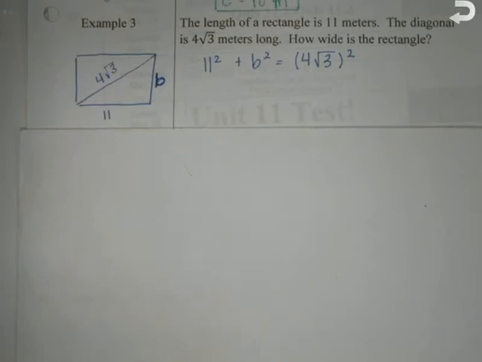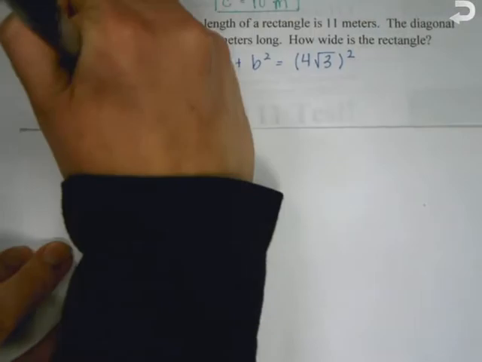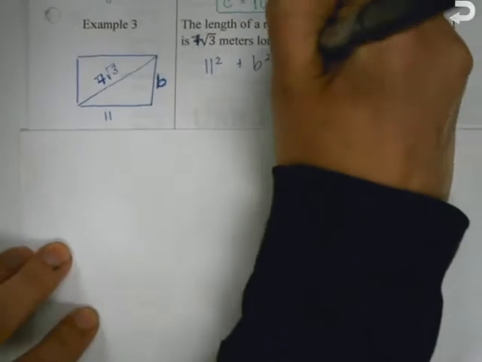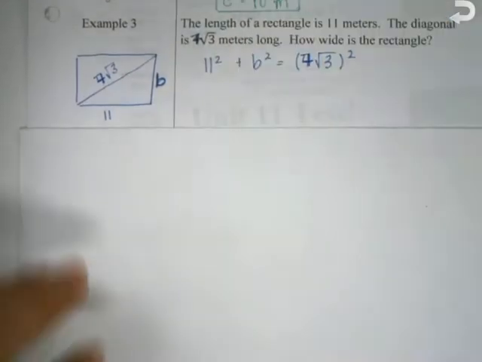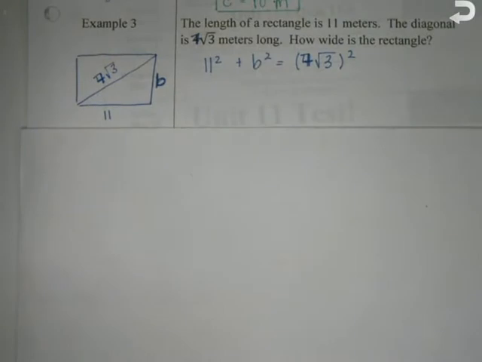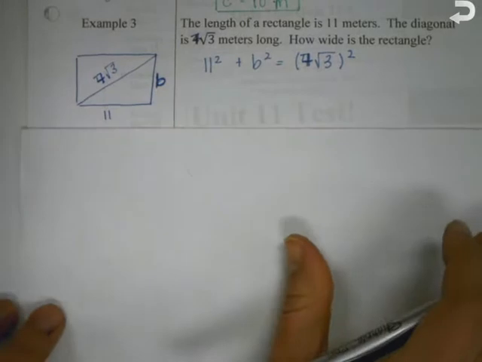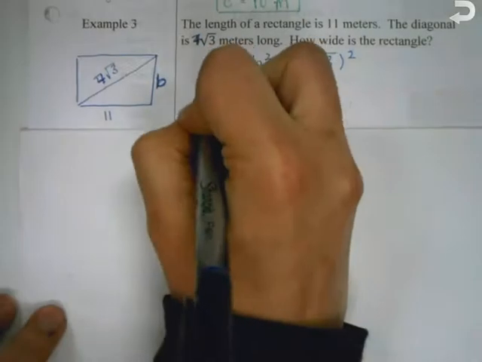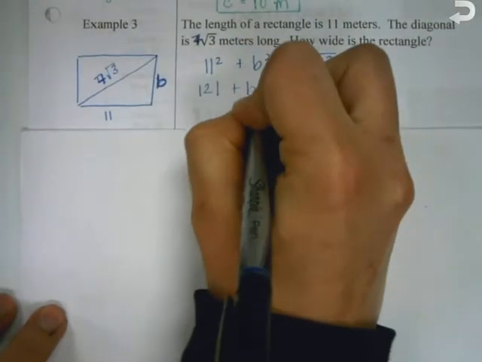Okay, oh wait, this was a typo. 7 root 3. Sorry guys, 7 root 3. Okay. 11 squared is what? 121. 121 plus B squared equals 7 root 3 squared.